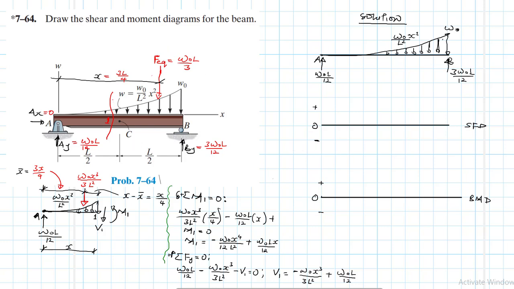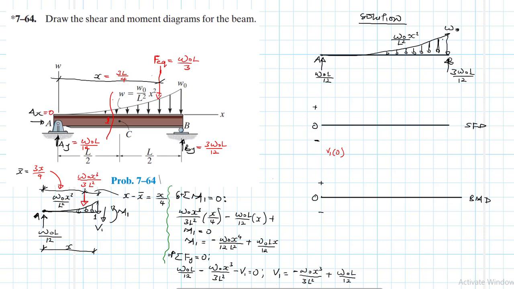Alright, so now let's find the values at the boundary. Okay, so let's look at the values at the boundaries. What do we have? Alright, so we have V1, so V1 at x equal to 0 from A. Okay, so where is our V1?